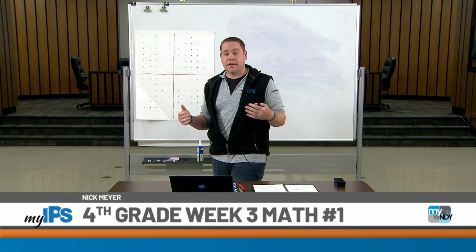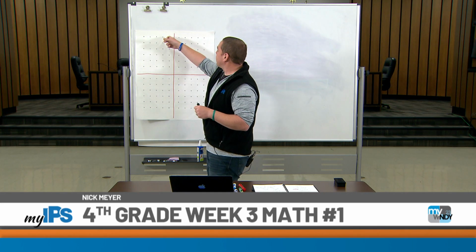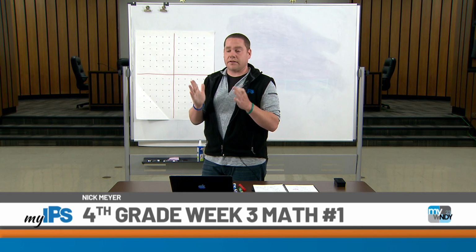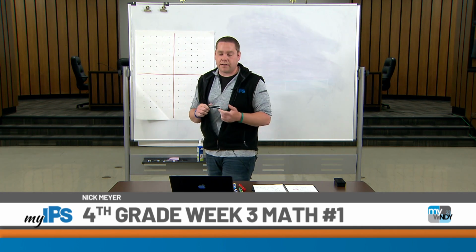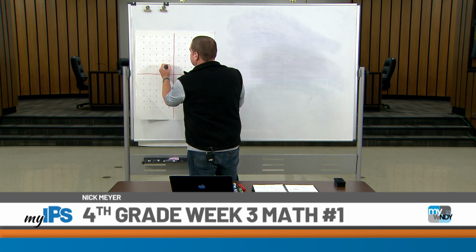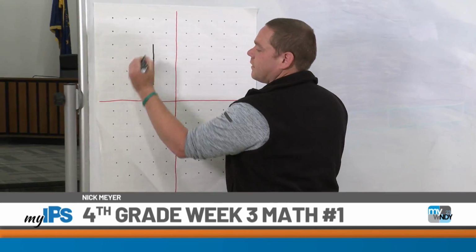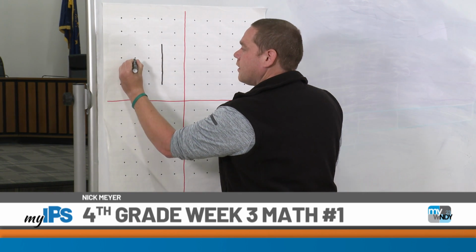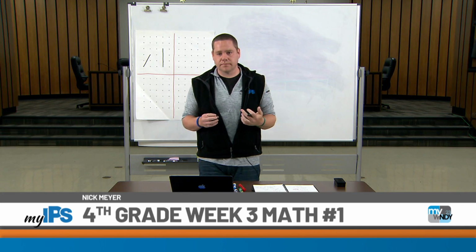Your job here is to make parallel line segments, not lines, by connecting dots on here. So you got that idea of two lines that aren't going to intersect. There are really easy ways you could do this. See if you can think about it two different ways and make it a little bit more complex than that. So if I draw this line segment and that line segment, are those parallel?